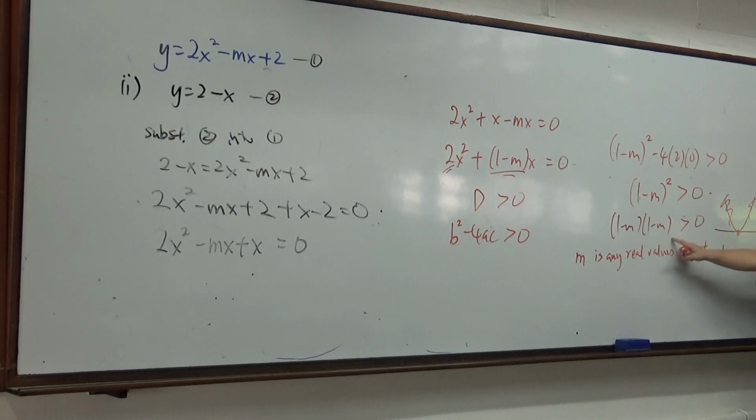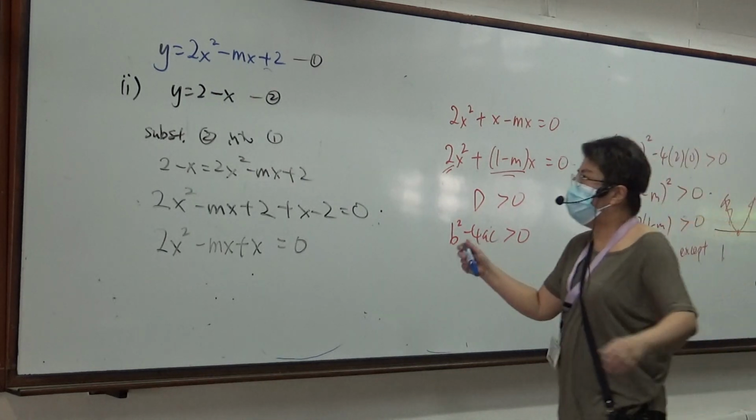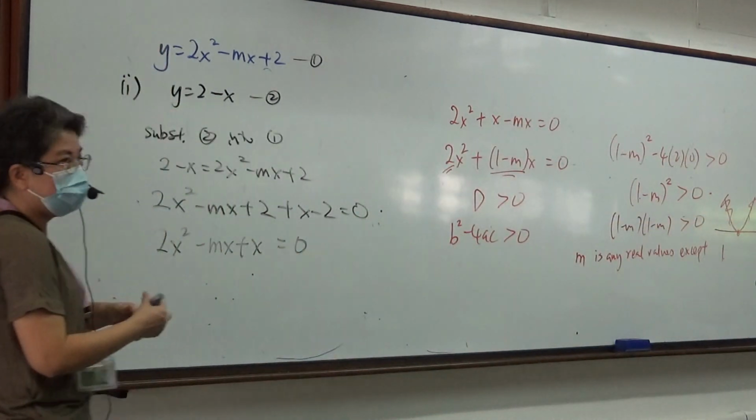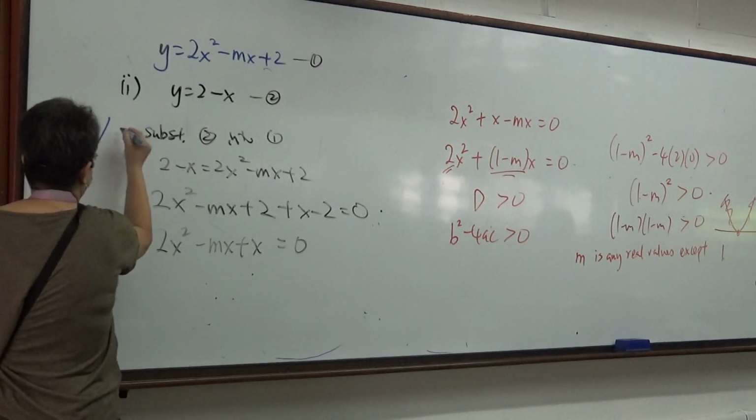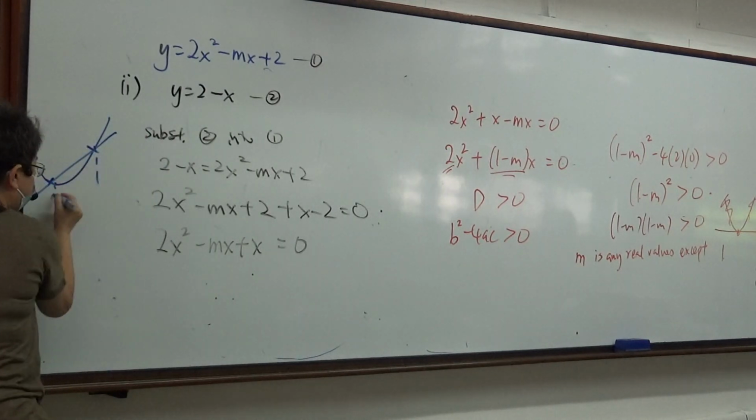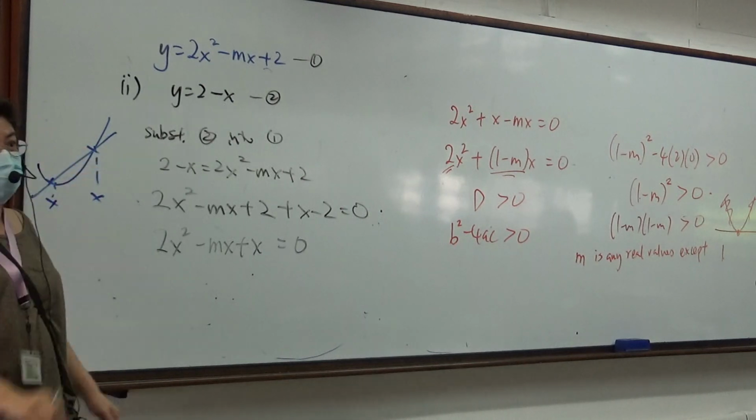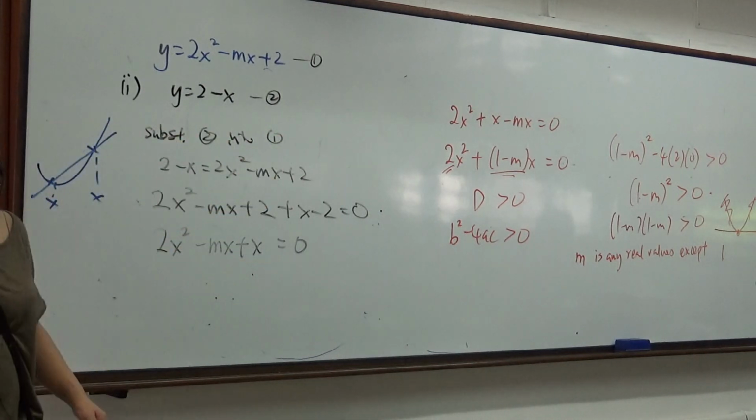I'm talking about m. I'm not talking about x. x has 2 values, but m is the value of m. You understand what I'm talking about? Now, some people are confused. Let me explain again. All of you listen. When I say don't talk, please. When I say this and this intersect at 2 points, that means this is my value of x, not m. m is another thing.